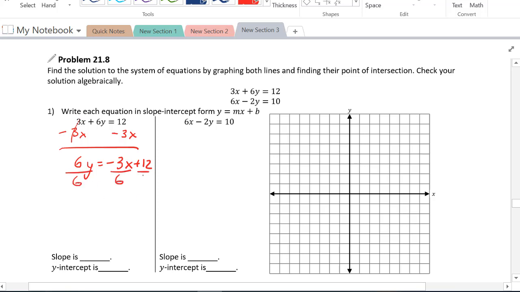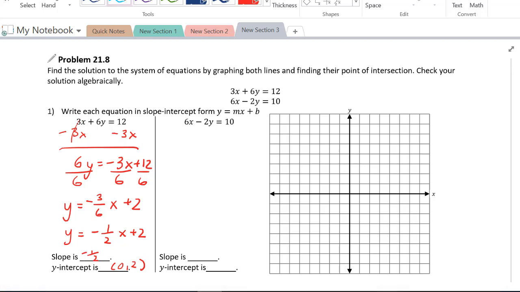So we get y equals negative 3 over 6 x plus 2. If we reduce, we get negative 1 half x plus 2. So what's our slope? Slope is negative a half. What's the y-intercept? 0, 2.